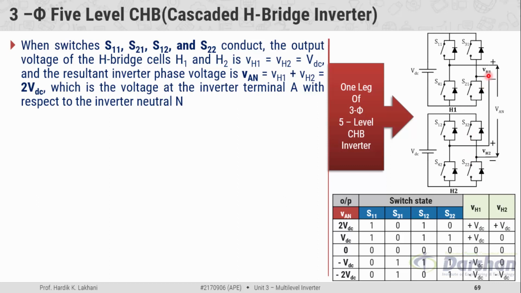We get VDC over here as well as VDC over here, right? And what is the final output we get between the positive and negative terminal at the output side? VH1 plus VH2, which is equal to 2 VDC, the voltage at the inverter terminal A with respect to the inverter neutral terminal N.